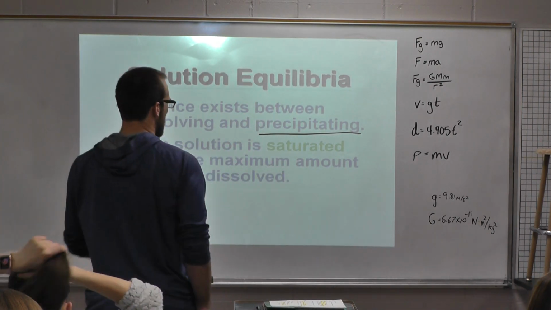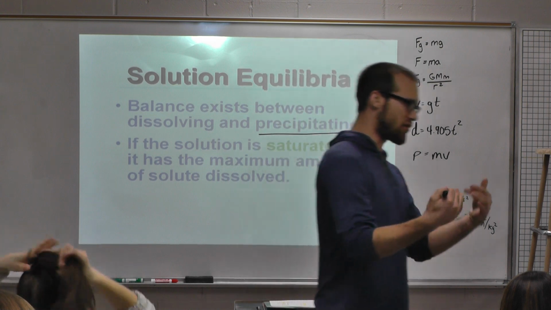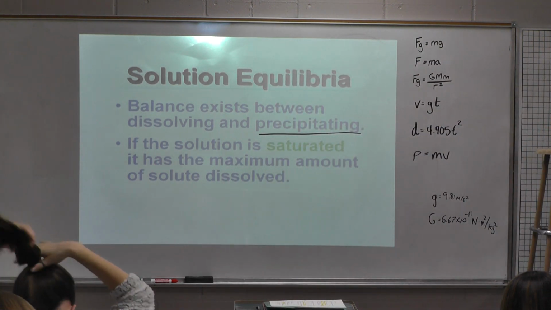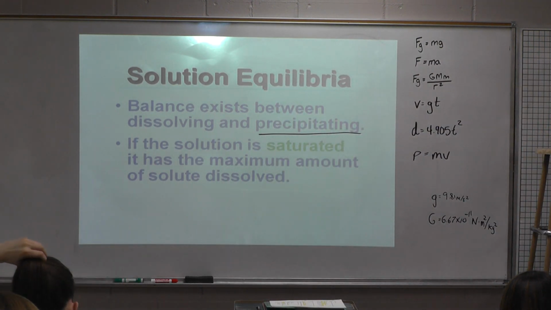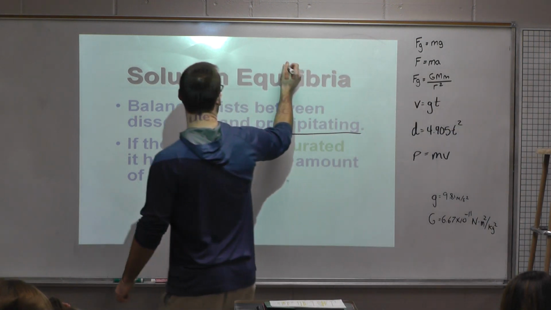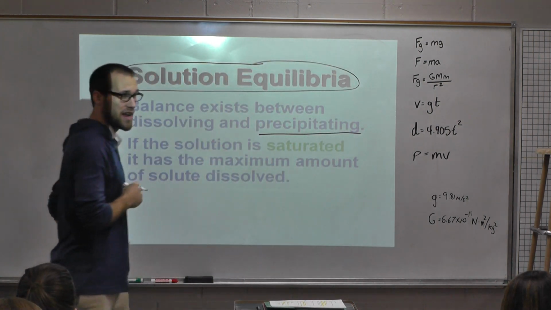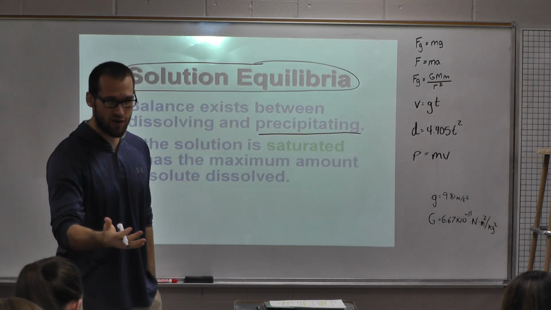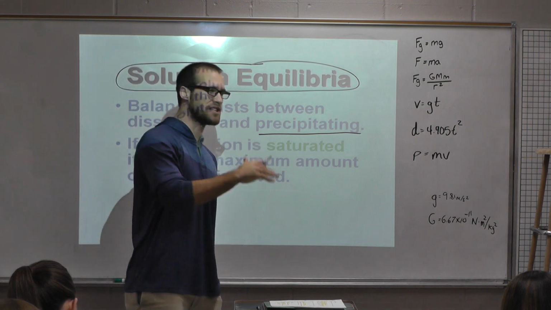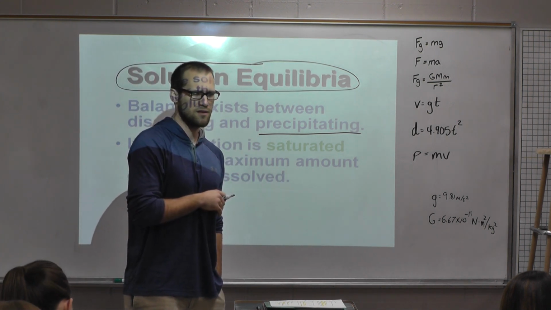So a precipitate was something that was once dissolved and then crashed out of solution, or undissolved and settled at the bottom. And it says, when your solution is at equilibrium, there are two processes occurring: the process of dissolving and the process of precipitating, which is just undissolving. Does that make sense?